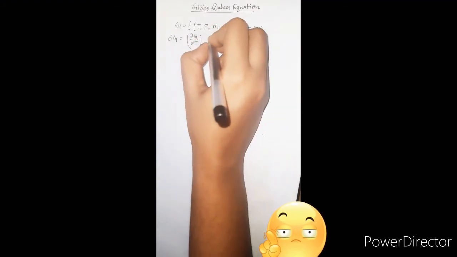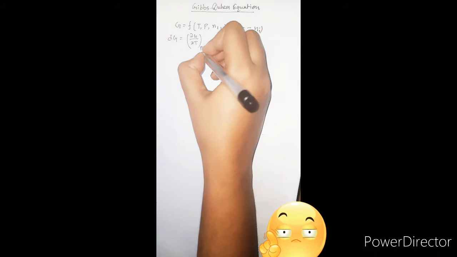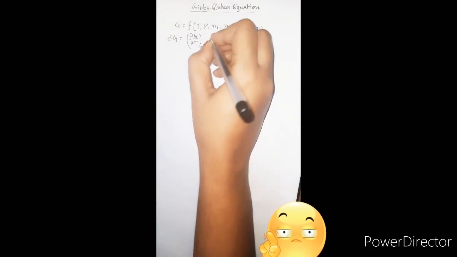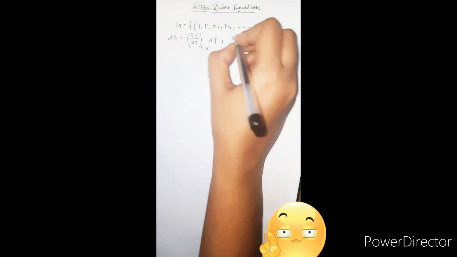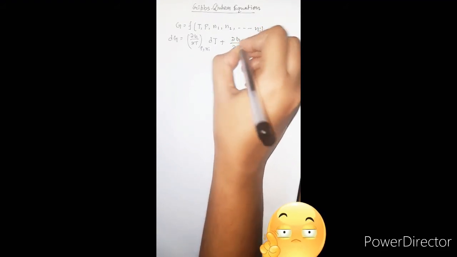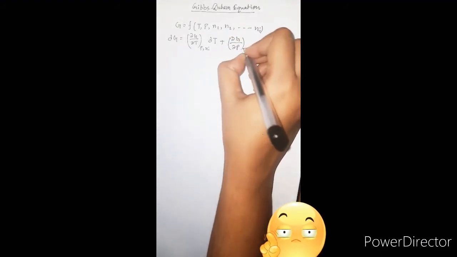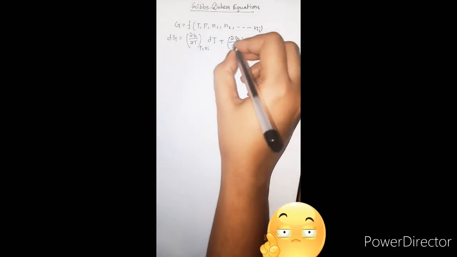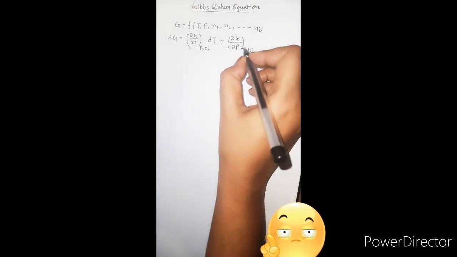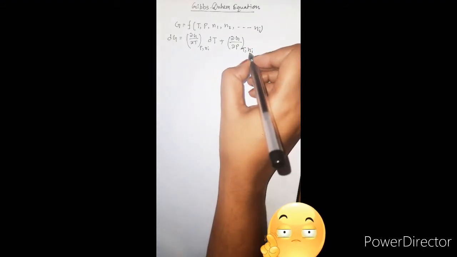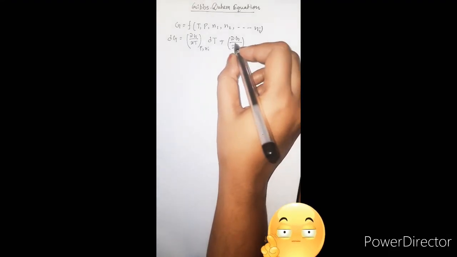Then it will be del G del T at constant P and ni into dT, plus del G del P at constant T and ni, that is we are differentiating G with respect to P when the other terms in the system, the temperature and the moles of gases, are constant.